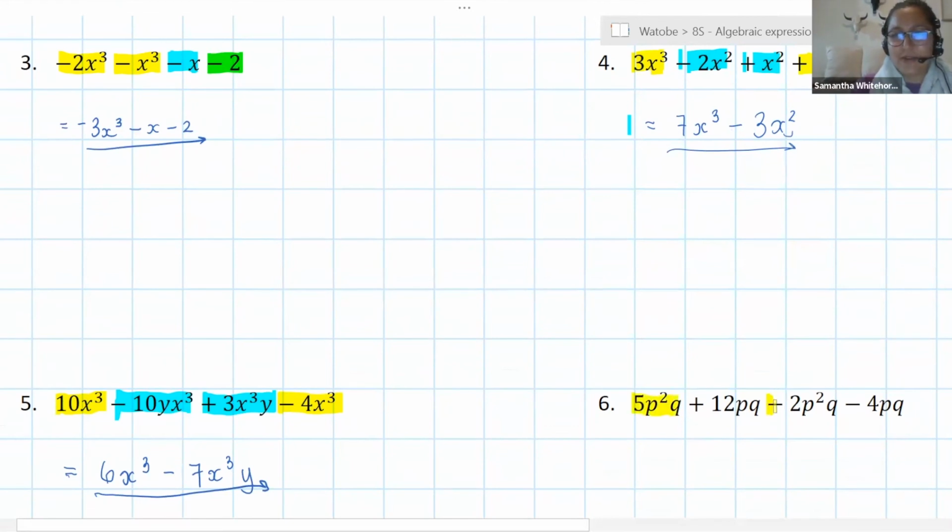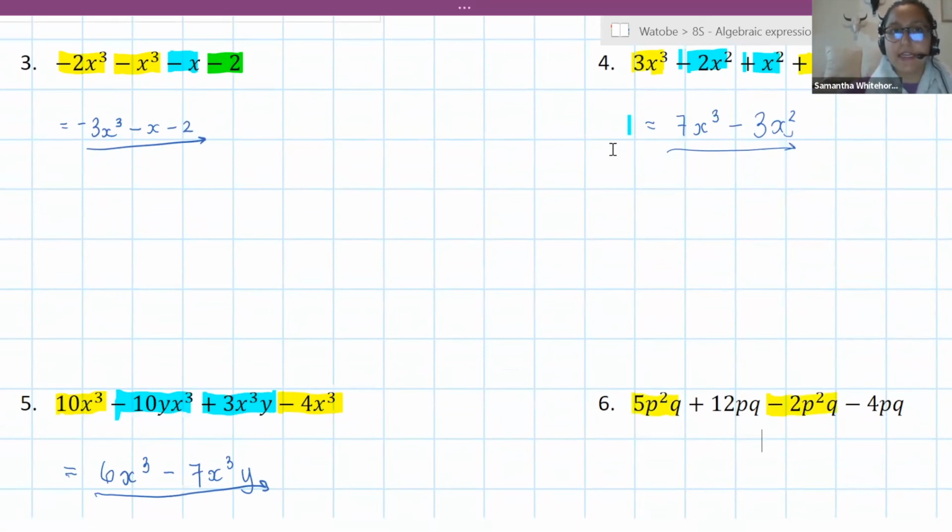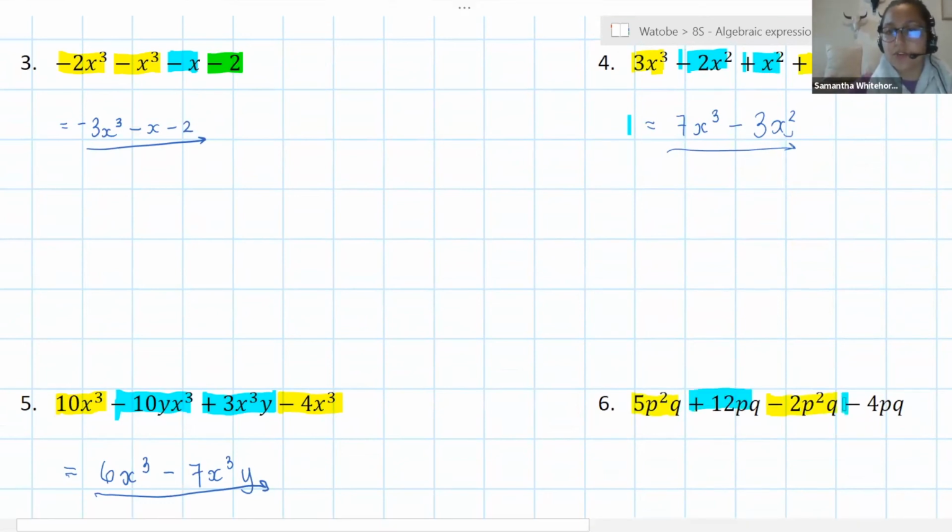Okay, if we have a look at question 6, we can identify our like terms. And remember, I said earlier, check that the variables are the same and the exponent. So p squared q and pq aren't like terms because the exponent for p is different. So we've got 2 different groups of terms that I need to add and subtract here. The p squared q terms and then just the pq terms.